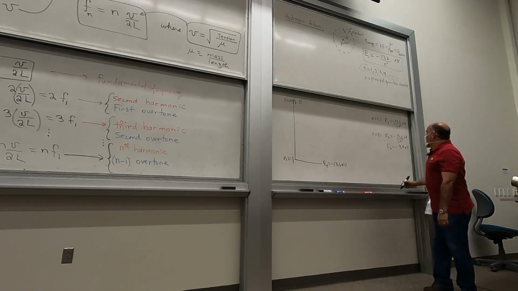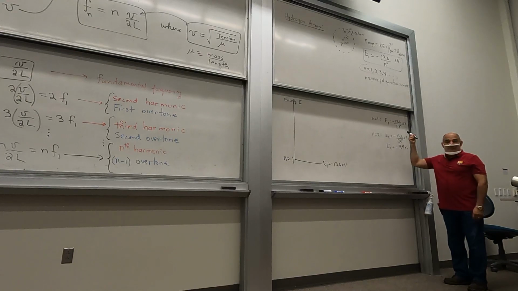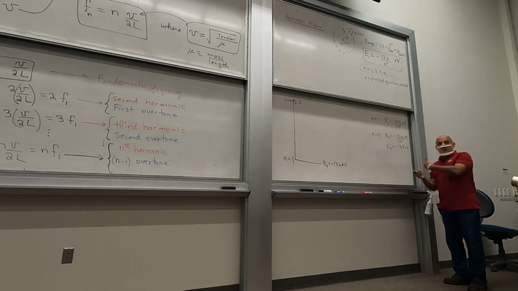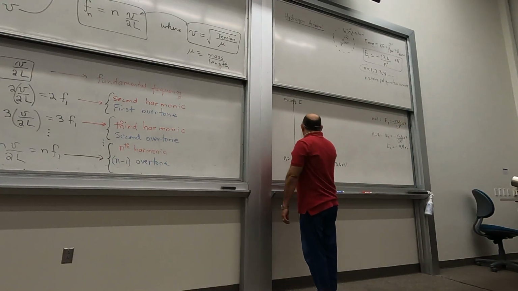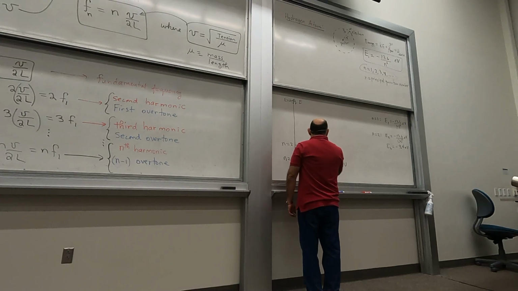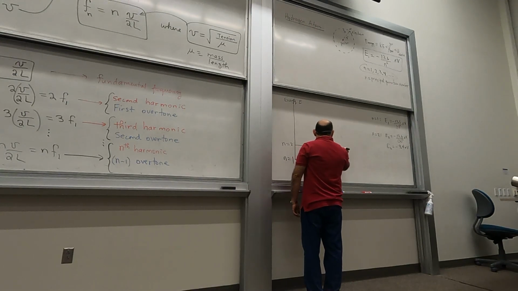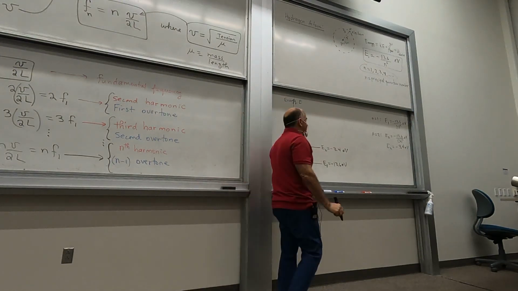Minus 3.4 is a bigger number than minus 13.6. It is more to the right on the number line, so it's a higher energy. So for n equals 2, the energy is minus, is it 3.4? Those of you with a calculator, just double check and correct me if I'm wrong.